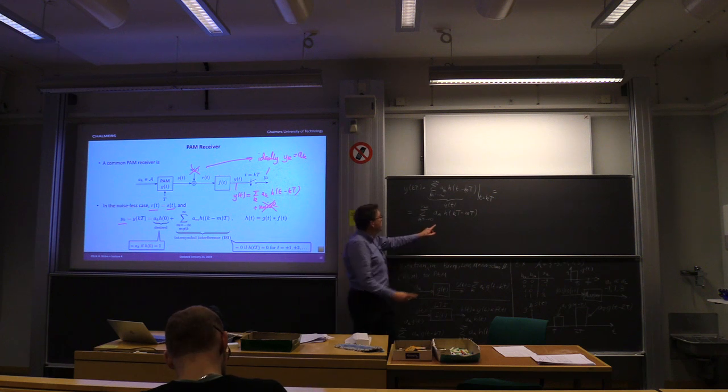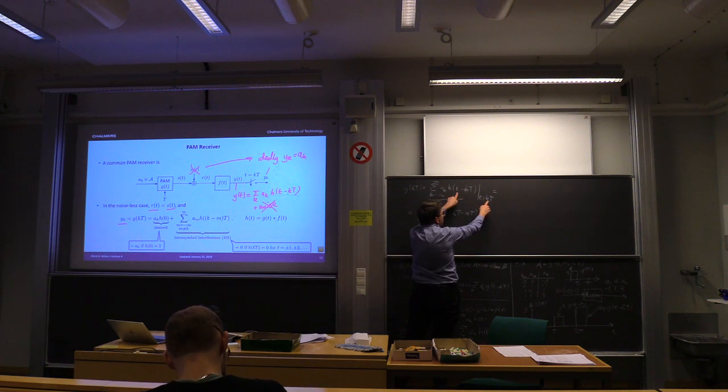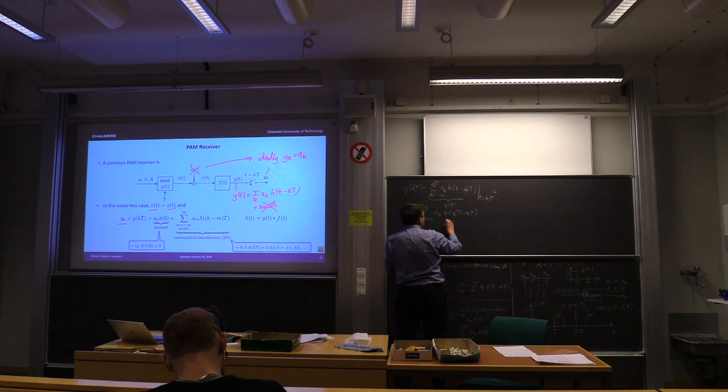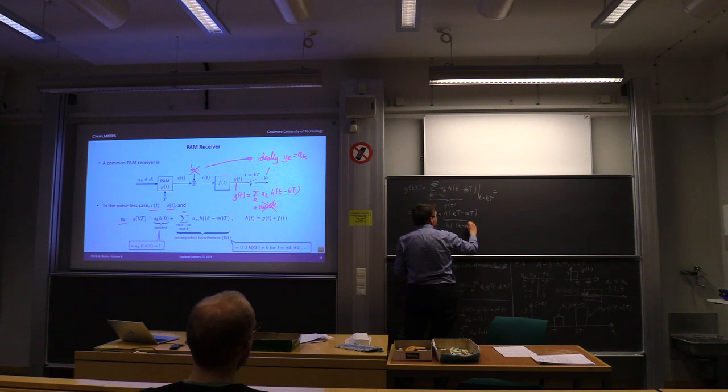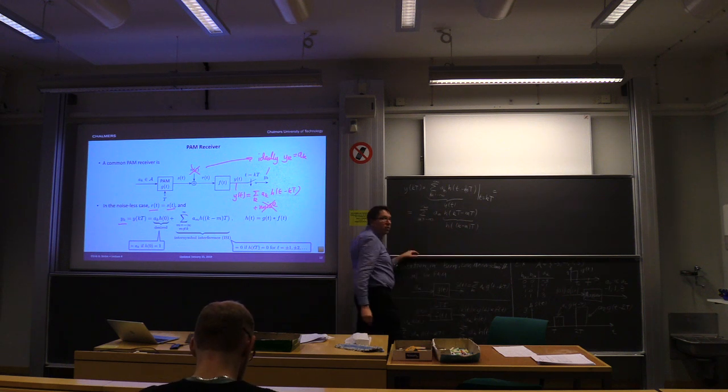I just replaced small t with k times capital T. And if we look at this, this is h((k minus m)T), like this.